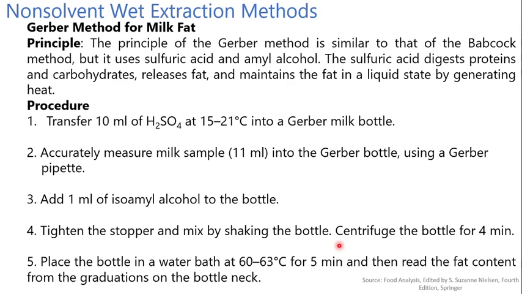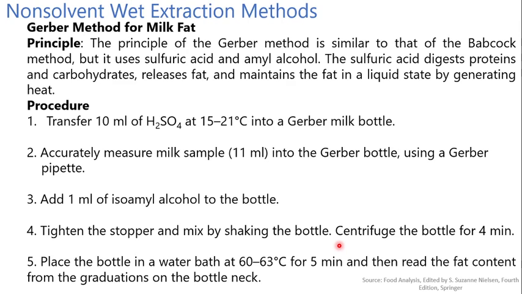Now we will see the procedure. First we take 10 ml of sulfuric acid at 15 to 21 degrees Celsius into the Gerber milk bottle. Then we accurately measure 11 ml of the milk sample into the Gerber bottle using the Gerber pipette.